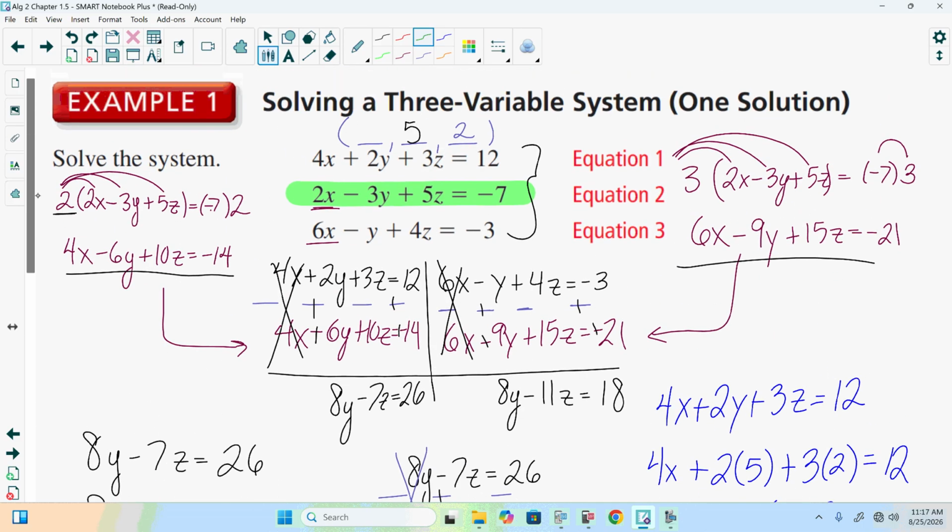So the solution is the point (-1, 5, 2). The solution is a single point, and it is that point there.